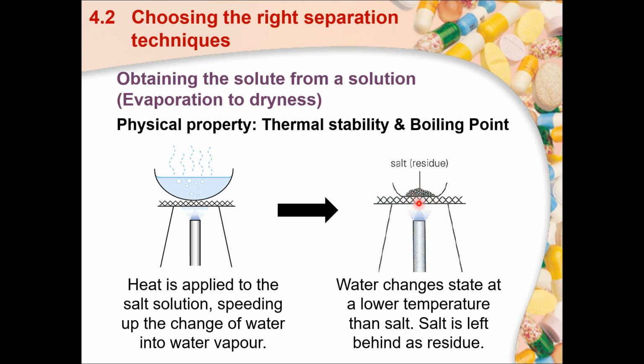Salt does not evaporate when heated, it has a very, very high boiling point. So because of that, salt is left behind and we are able to separate a solution using this method. So the solvent escapes, and what remains is the solute.